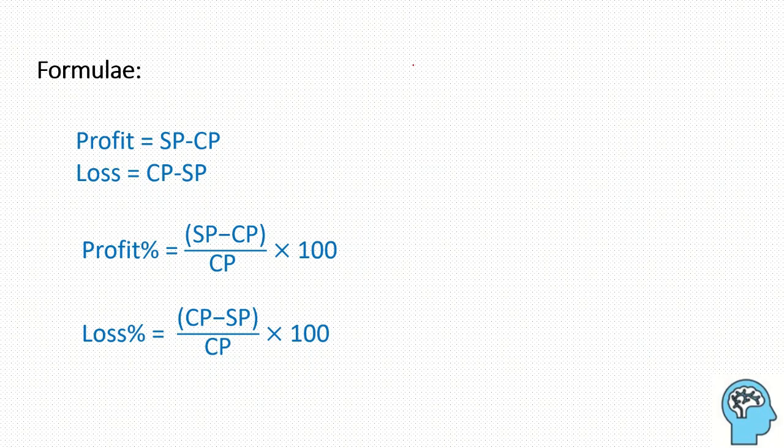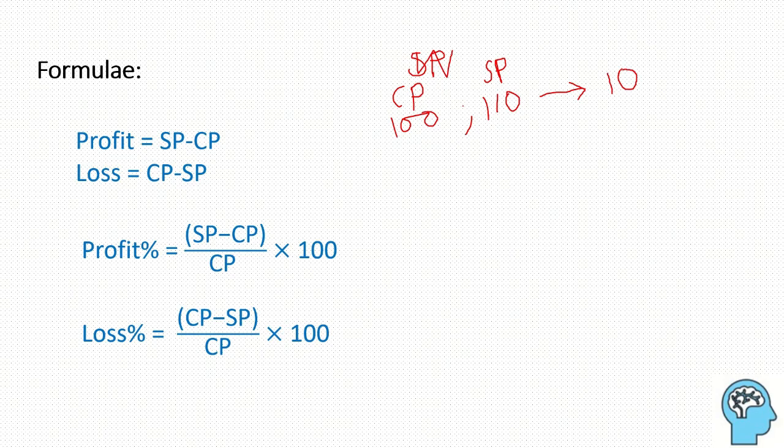Suppose you bought an article for 100 rupees and you sold it for 110 rupees. So this is the selling price and this is the cost price. So what are you going to get? You are getting profit. Okay. The profit is 10 rupees.